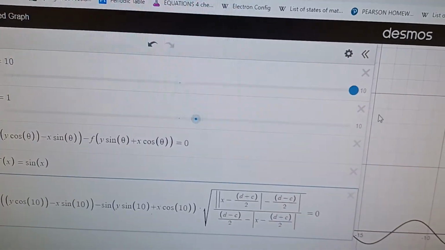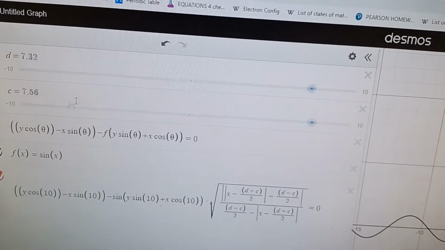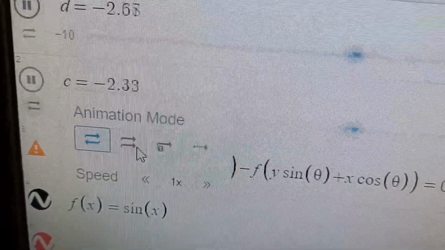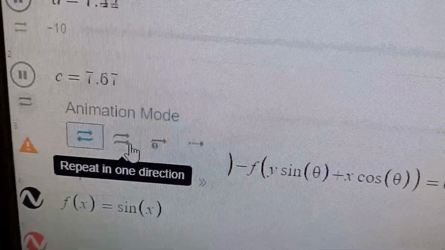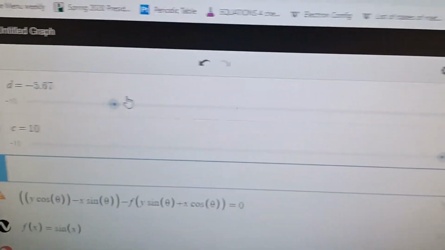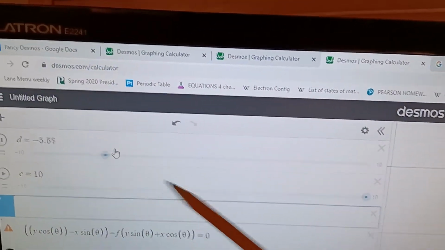The interesting thing is that if you get them both running, actually, hold on. You have to change the animation mode to this second one, repeat in one direction, so that when it hits the end, it goes back to the other side.